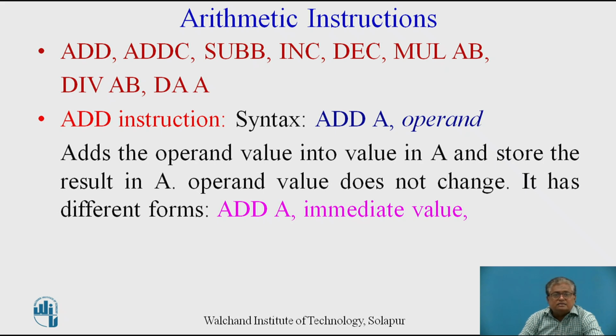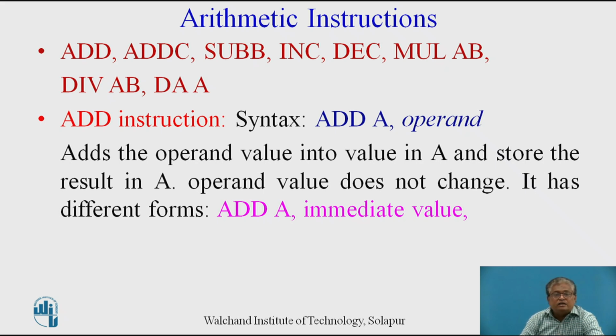So this ADD instruction adds the operand value into the value stored in the register A, and after addition it stores the result in the accumulator itself. So operand value does not change.